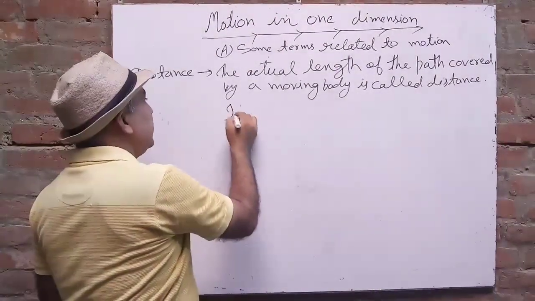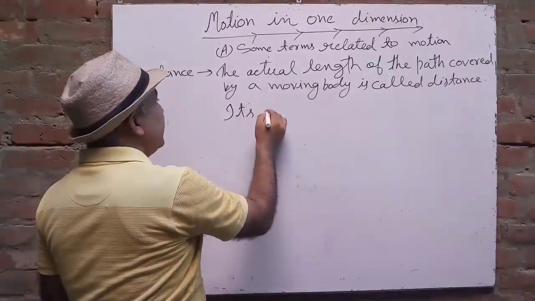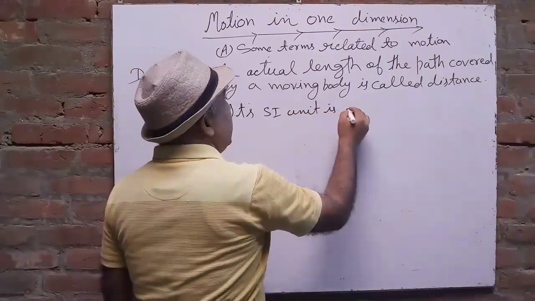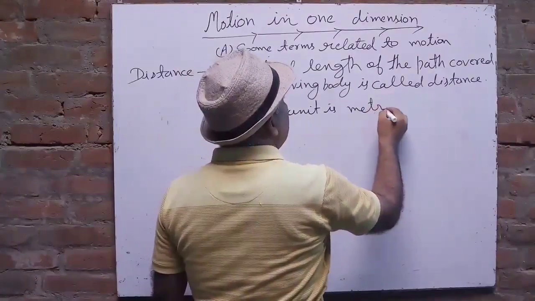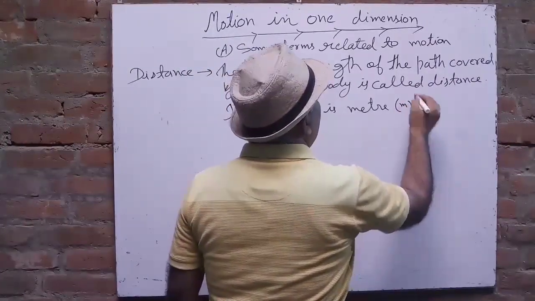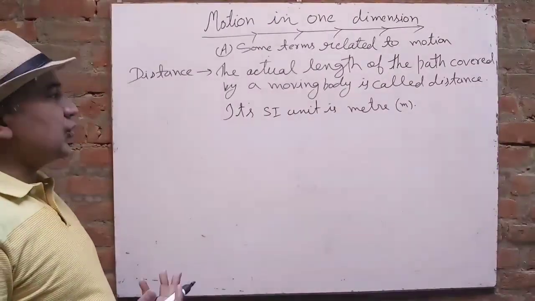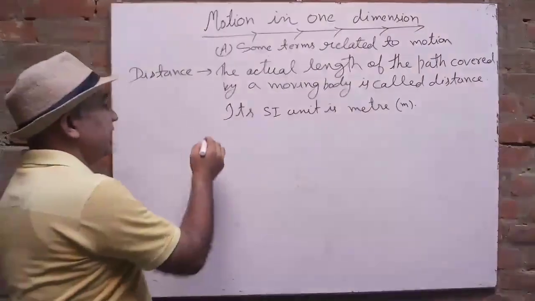Its SI unit is meter. Because it is a distance, it is a type of length, so its unit is meter.